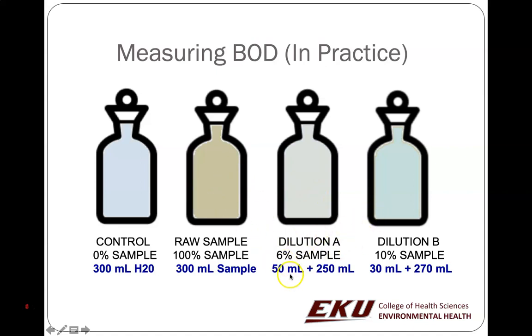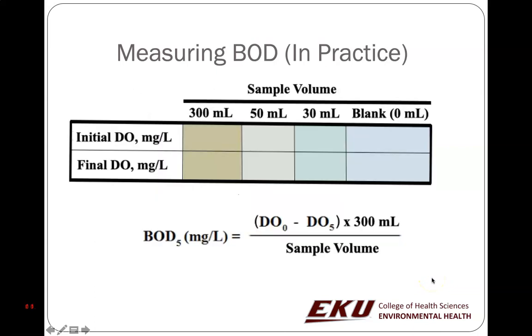This dilution was 50 milliliters of that plus 250 milliliters of clean water, and this one's 30 milliliters of that and 270 milliliters of clean water. You'll collect your initial results, and then 5 days later, you'll collect your results again. Then you'll plug those results into the formula.